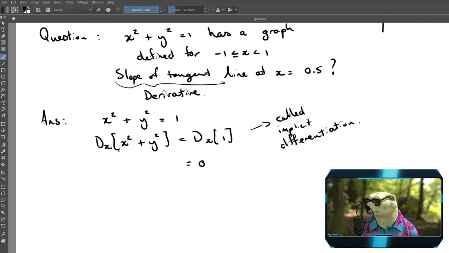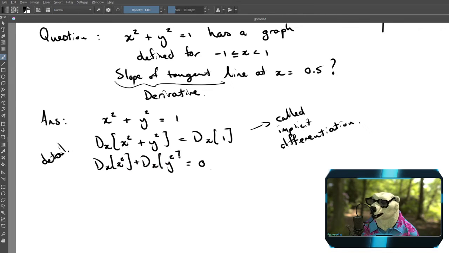So now, what property do I use for the left-hand side first? Well, I see I have multiple terms, so it's going to be the sum property first. I'm going to do some detail here, which of course you don't have to do every time, but just to show my properties are still there.